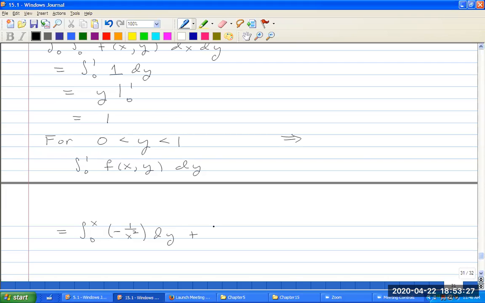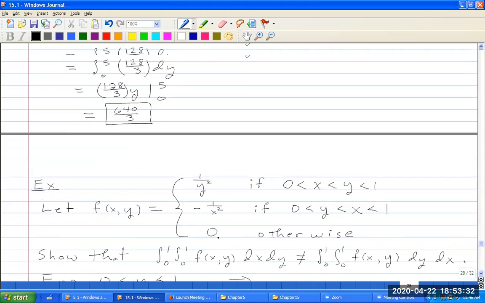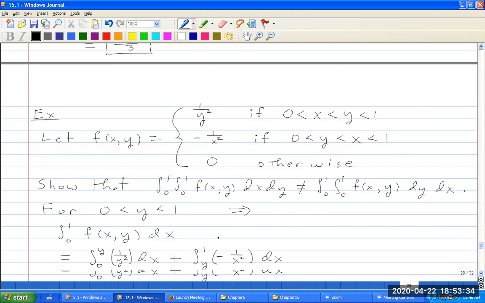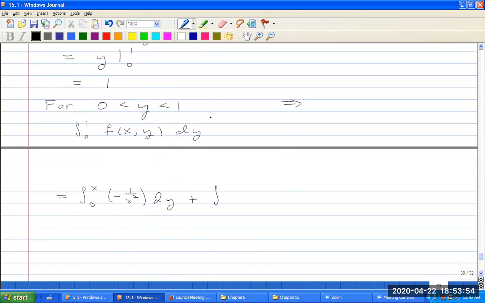Plus, do the other integral. So now I'm integrating with respect to y, and so y goes from x to 1. When y goes from x to 1, it's 1 over y squared dy.